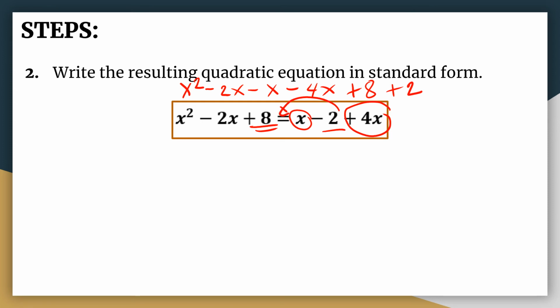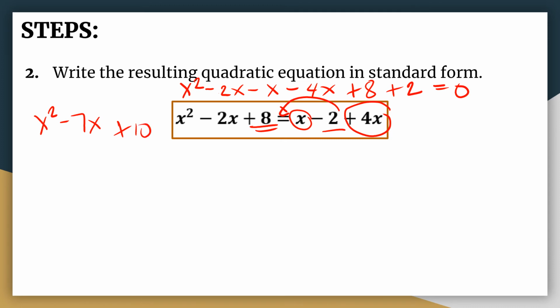It's transposed to the left side, equals 0. Then combine negative 2 minus 1 is negative 3. After that, negative 3 minus 4 is negative 7. So we're going to have x squared minus 7x. Then 8 plus 2 is plus 10.